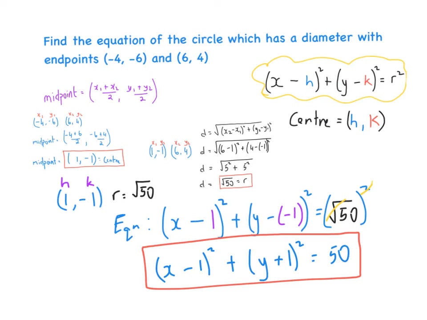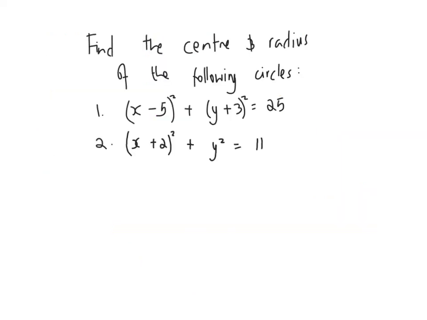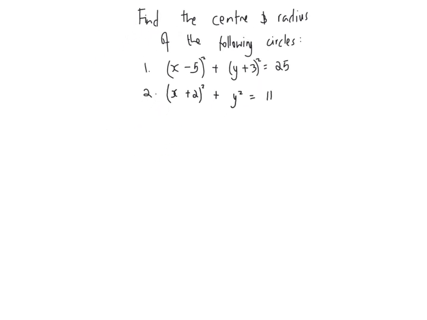So actually, we'll just take one last look at a couple of questions here as well, some simpler ones. Okay, so here we are asked to find the center and radius of the following circles where we've been given the equation of the circle. So starting off with number 1 there, so we have x minus 5 all to be squared plus y plus 3 all to be squared is equal to 25.